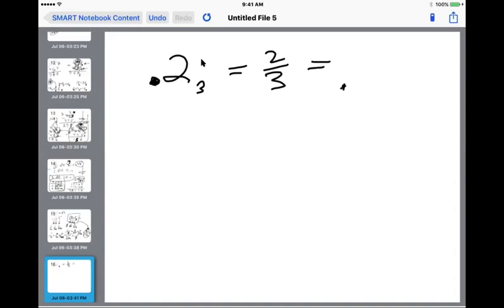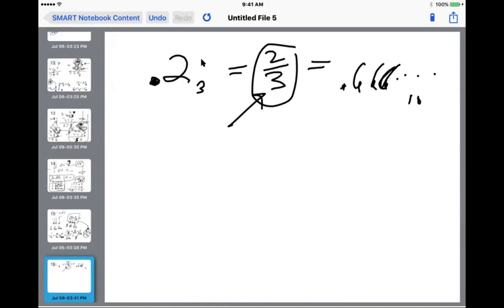Well, what's 2/3 as a decimal in base 10? Let's go with that question. Yes, the 2/3 is a base 10 fraction. That's why there's allowed to be a 3 there. But what is 2/3 as a decimal? Yes, it's 0.666 dot dot dot.